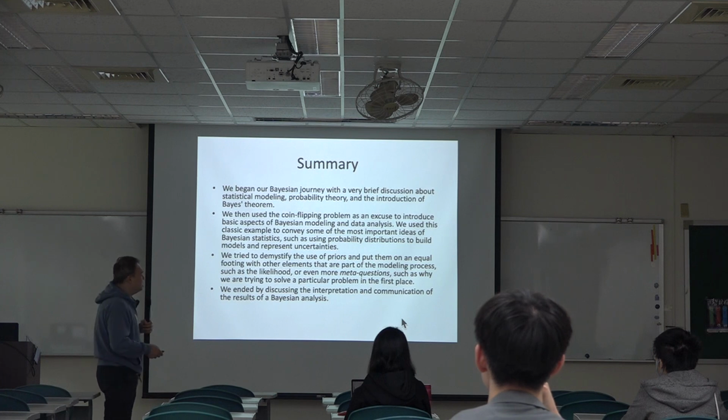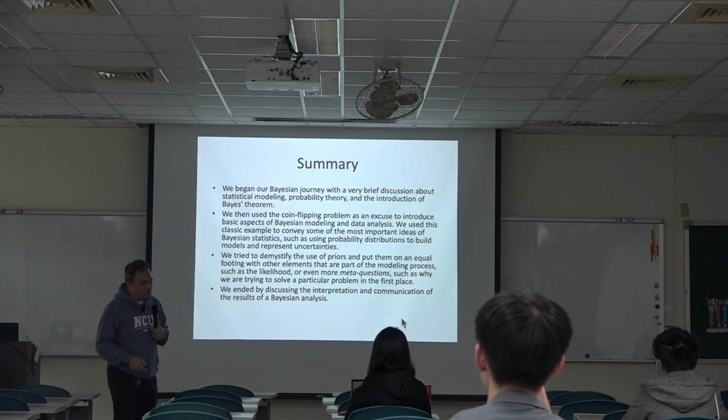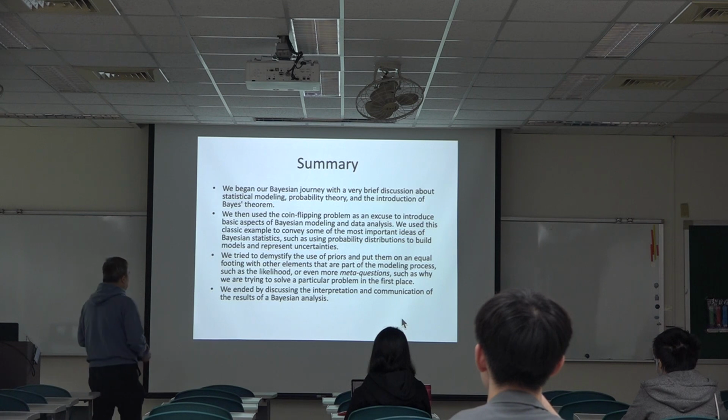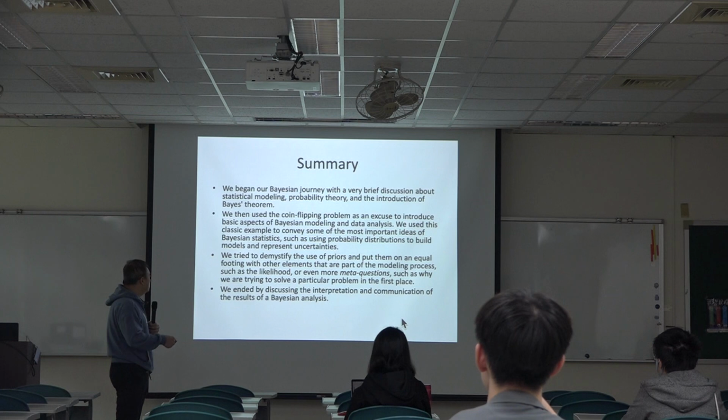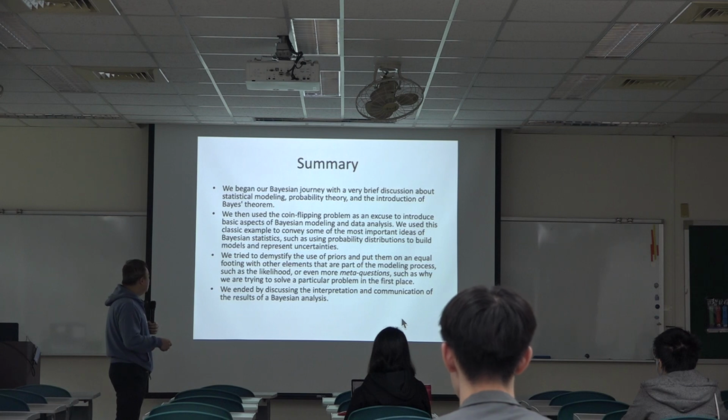It's just like any other assumptions. Any data analysis has assumptions. So the prior is just another assumption that we use in the modeling process, just like a likelihood or this type of thing.